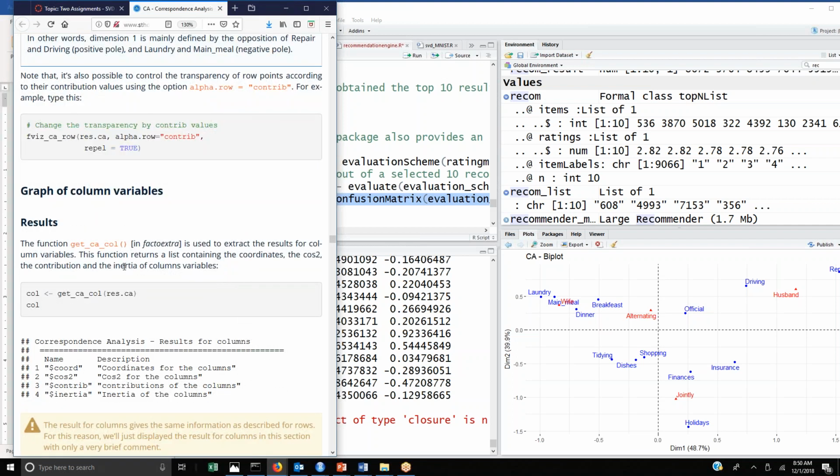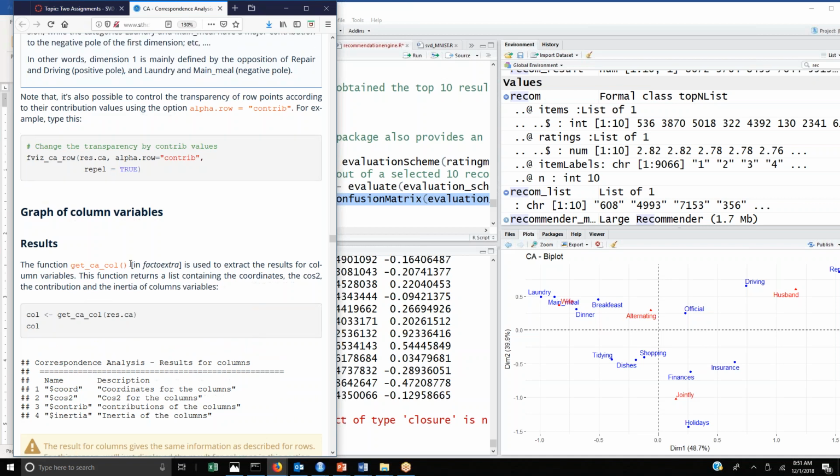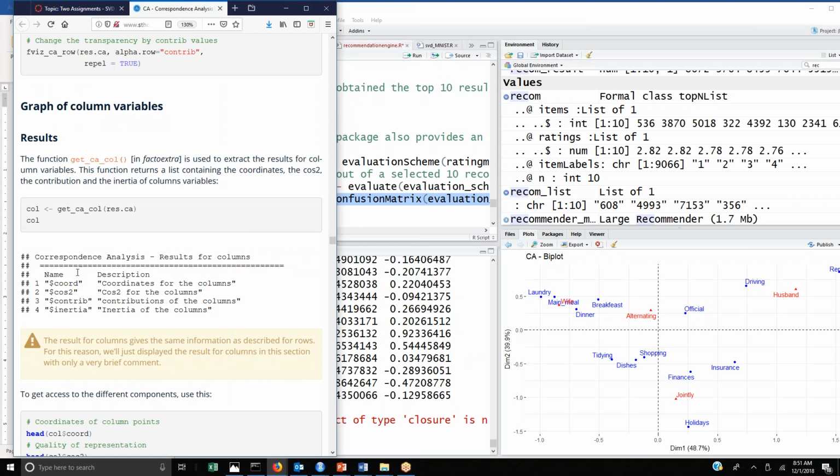So I can do the column also in the same way. Remember, like row, I got the row values, I explained the row dimensions, I explained the row correlations. I can do the same thing using column data also, right? Column approach, which is coming from the column singular vectors. So I do this one, get CA column.